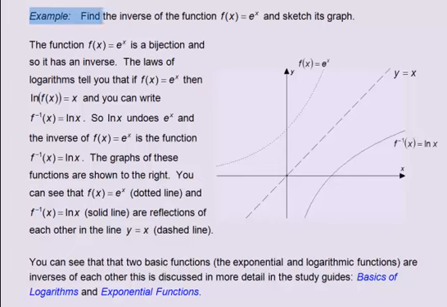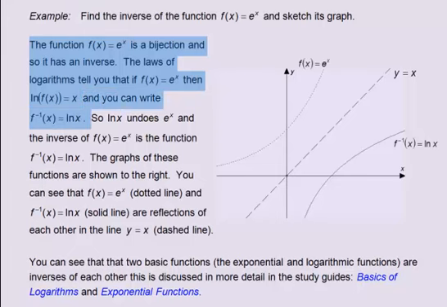Example: find the inverse of the function f(x) = eˣ and sketch its graph. The function f(x) = eˣ is a bijection, and so it has an inverse. The laws of logarithms tell you that if f(x) = eˣ, then the natural logarithm of f(x) equals x, and you can write f⁻¹(x) = ln x.